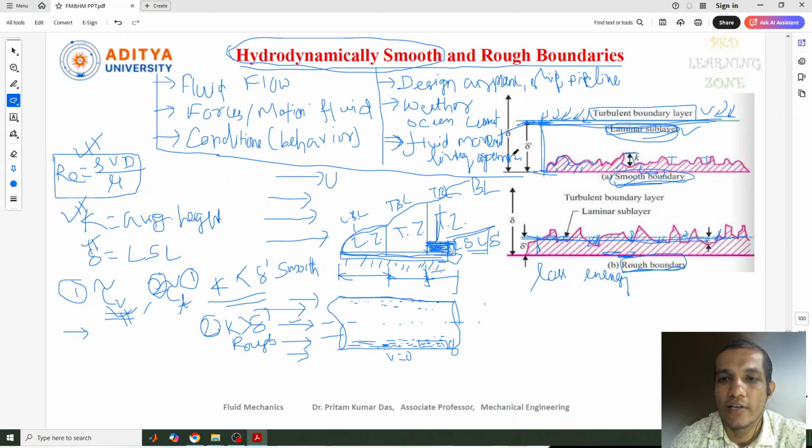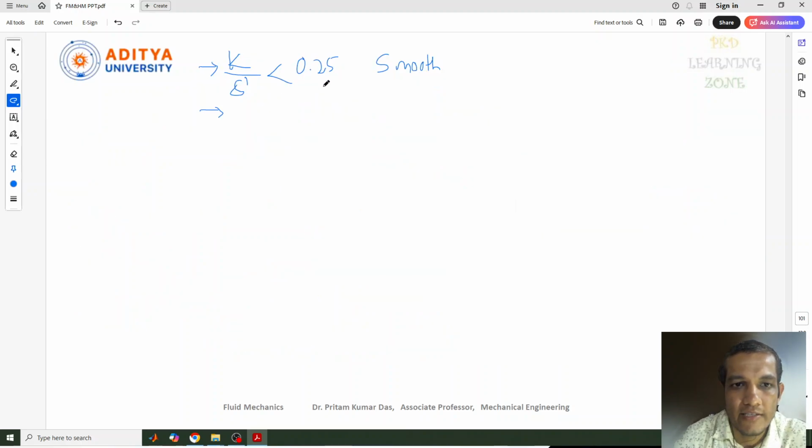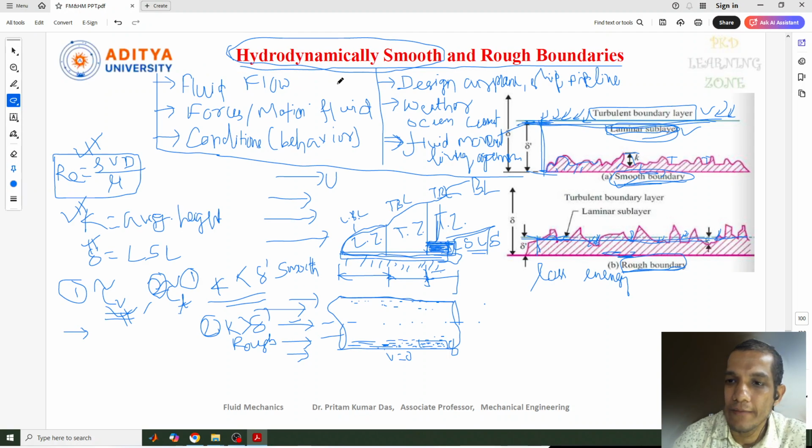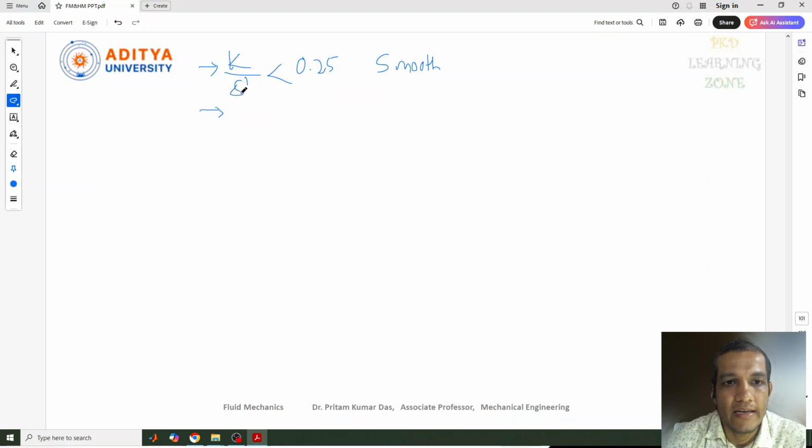When K by delta star is less than 0.25, then we can say it is a smooth boundary. Similarly, for the rough boundary the value will be different.